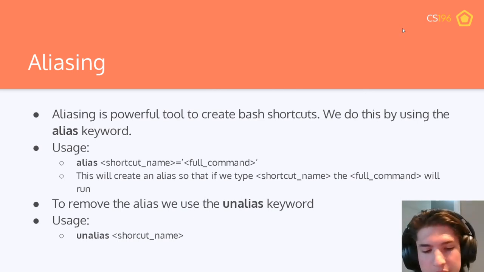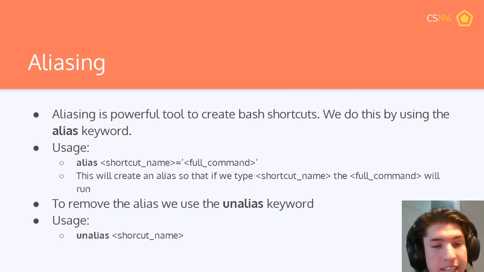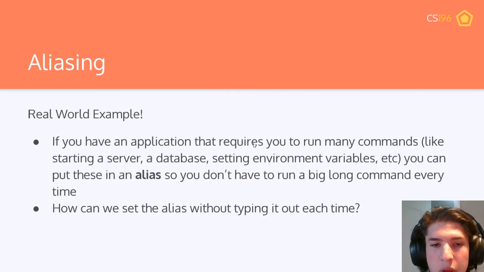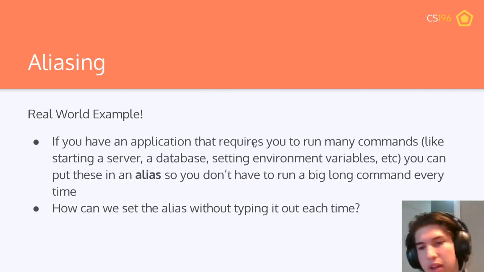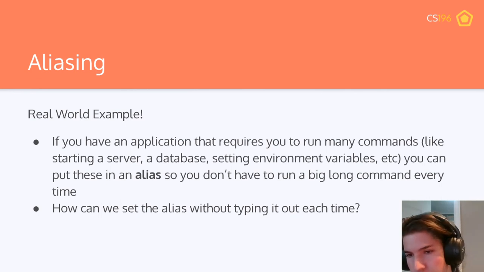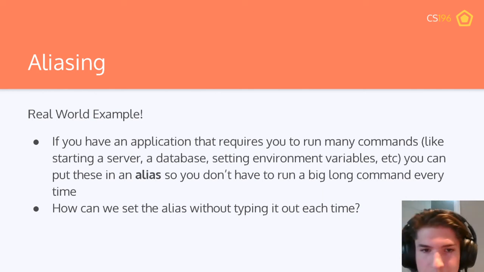Maybe I want to say alias setup equals all of this stuff that sets up my real world application. It runs my server, starts my database, sets my environment variables. Then instead of running node app this and python this, I can just run setup and it'll do all of that for me.